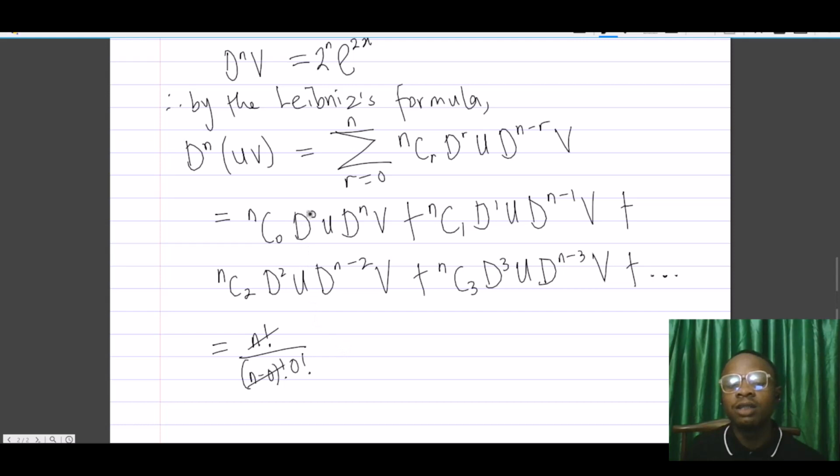Then this is the 1, derivative to power 0, that is just u multiplying the nth derivative of v, plus what is this one?